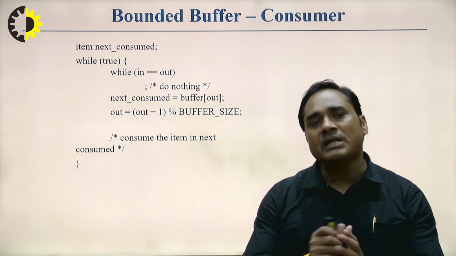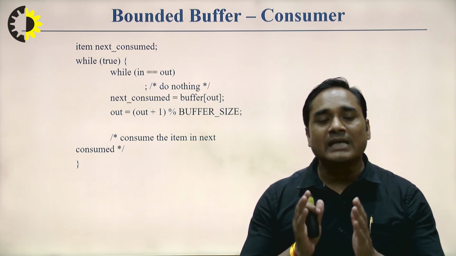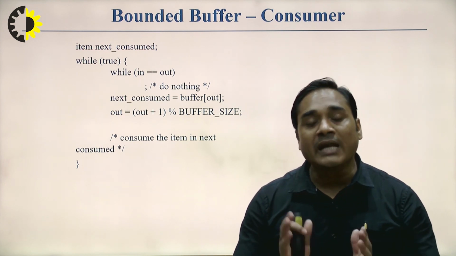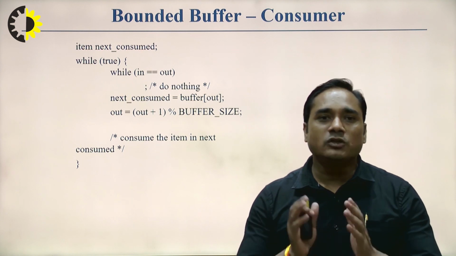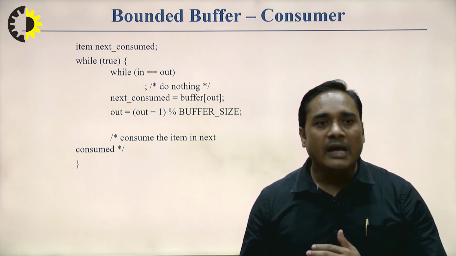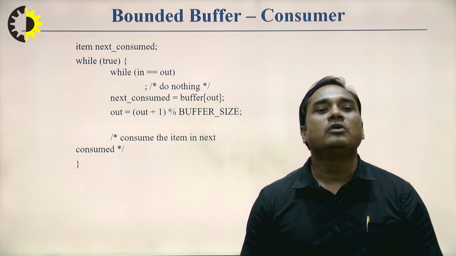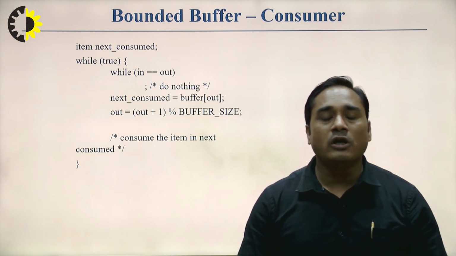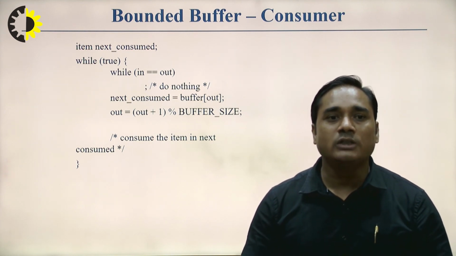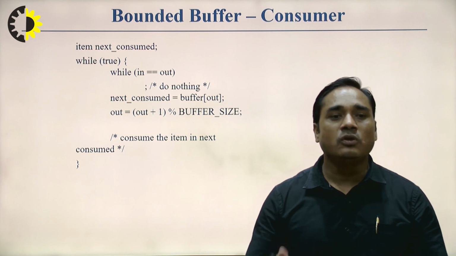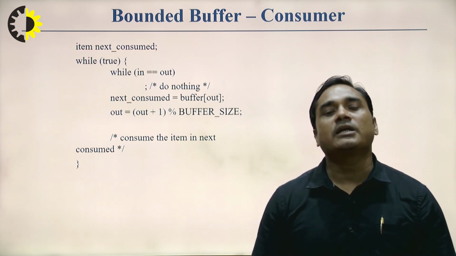So the consumer will start consuming items from a buffer of size 10. There are 10 items in the buffer, and the consumer will start consuming one by one. If the counter reduces to 0, meaning the buffer is empty and there is no item, then the consumer will stop consuming.